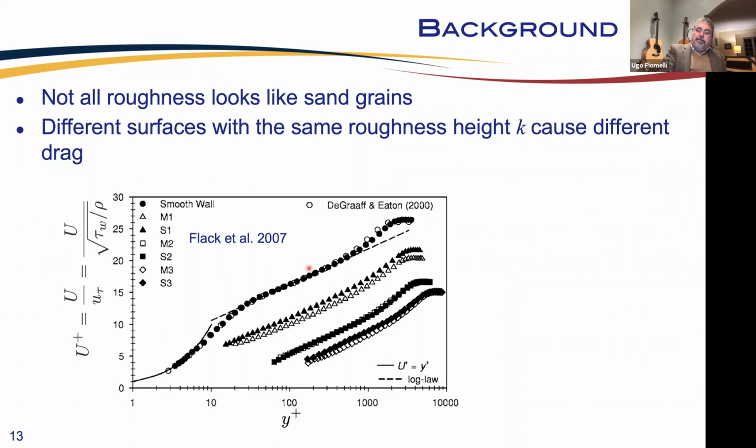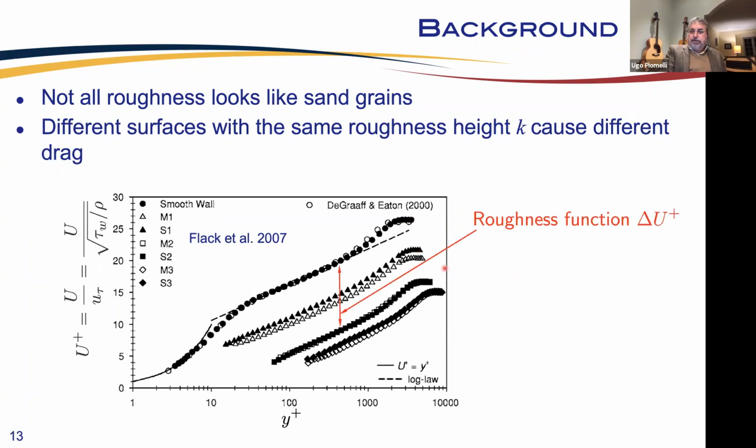One measure of the drag is the so-called roughness function. If we plot the velocity profile in our usual semi-log scale, we have our standard log layer. If we do the same thing for a rough wall flow, the log layer is shifted downwards. It's shifted downwards because the drag increases, the free stream velocity does not change, so infinity over u tau must decrease, and that's this shift here.